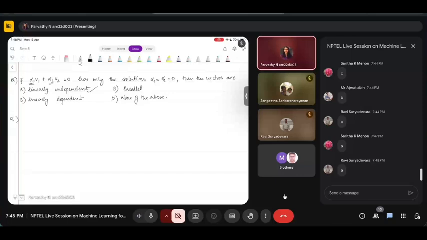Are the vectors 1, 2 and 3, 4 linearly independent? True or false?